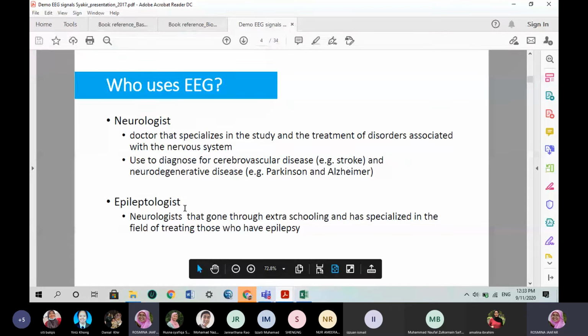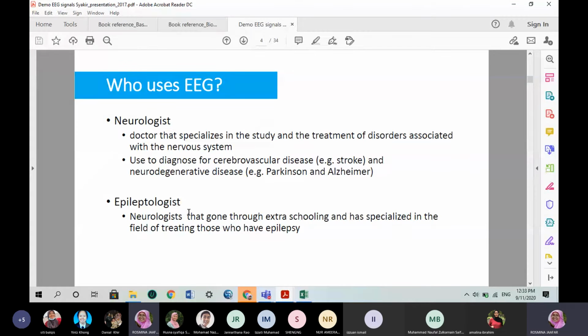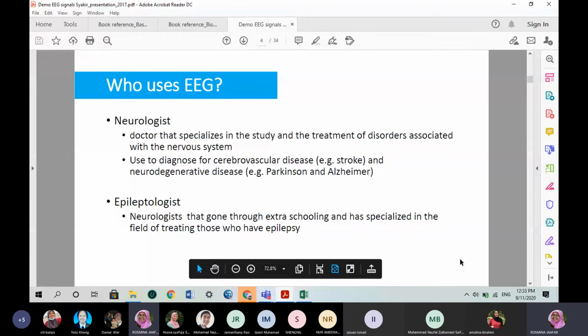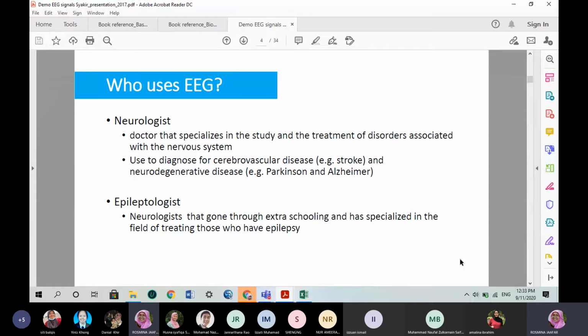Epileptologists also use EEG, and epileptologists are actually neurologists who have gone through extra schooling. They have been trained to specialize in the field of treating those with epilepsy.